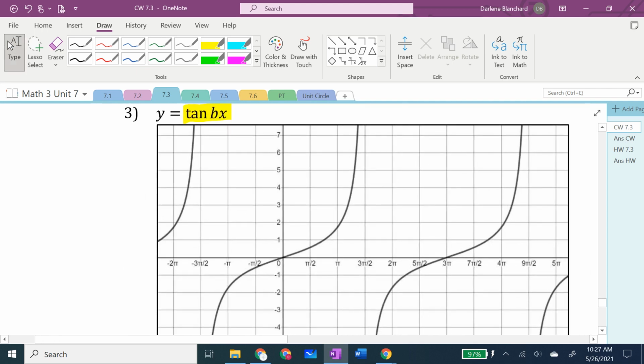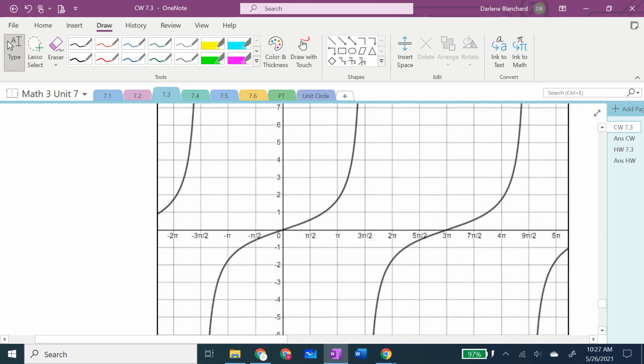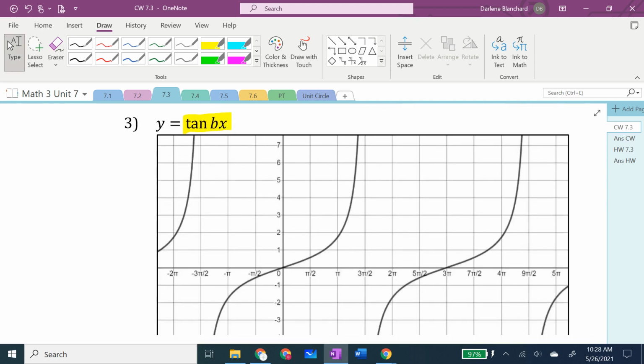Normally, tangent has its vertical asymptotes, normally they show up at, do you remember where? Where are tangent's asymptotes normally? At the pi over 2's. So these are all the places where tangent normally has vertical asymptotes.